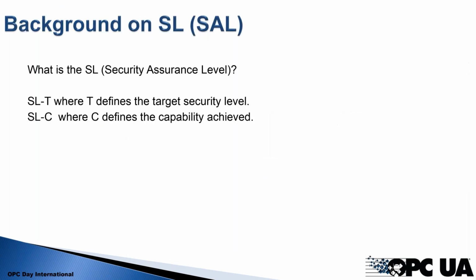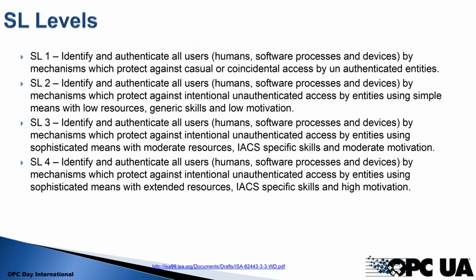So let's go on a little bit. One of the things that's mentioned in that spec is security levels, all right? Assurance levels, I should say. And this has to do with what sort of attacks you're trying to build your device to handle. There are 4 main levels, and I'll let you read these at your own leisure, but the key thing is that the security levels change quite a bit as to what sort of attackers you want to be able to deal with.